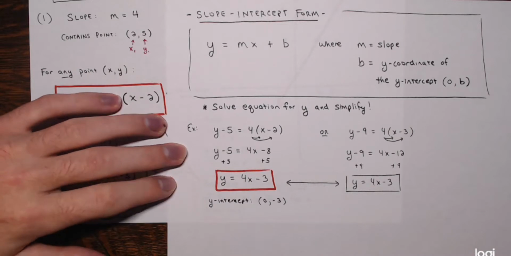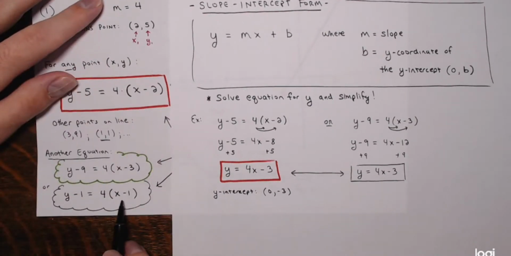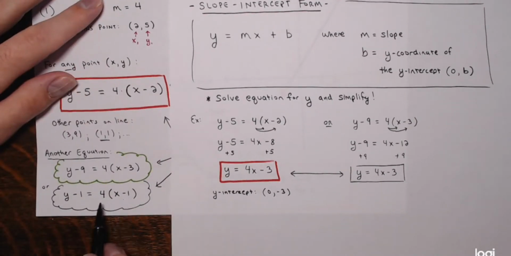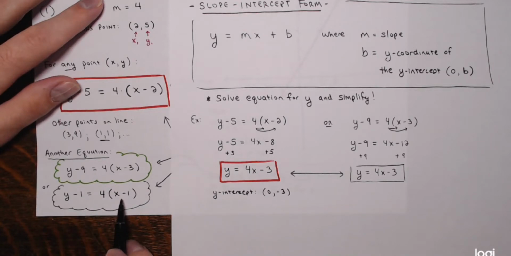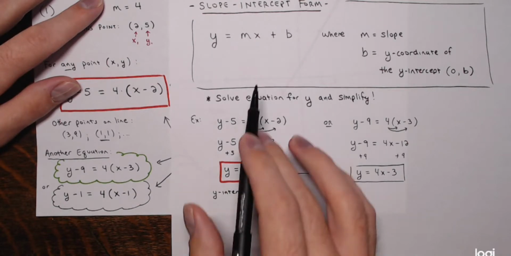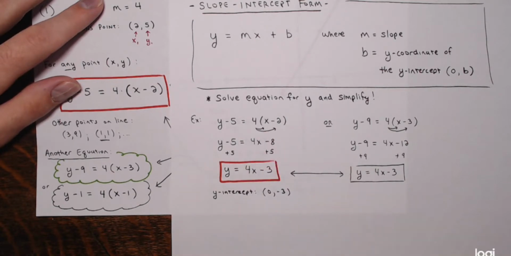And I promise you, if you took this third version of point-slope form that we got, y minus 1 equals 4 times the quantity x minus 1, and solved for y and simplified it, you'd get the same exact thing, y equals 4x minus 3.